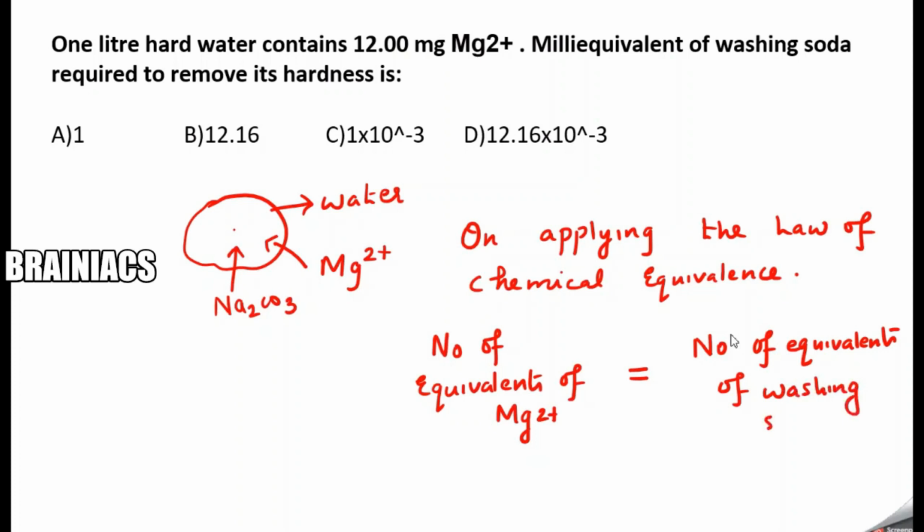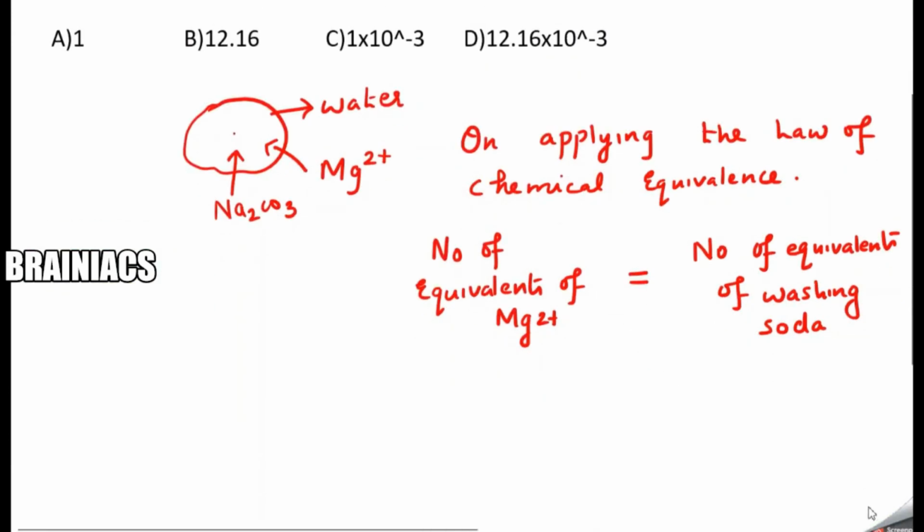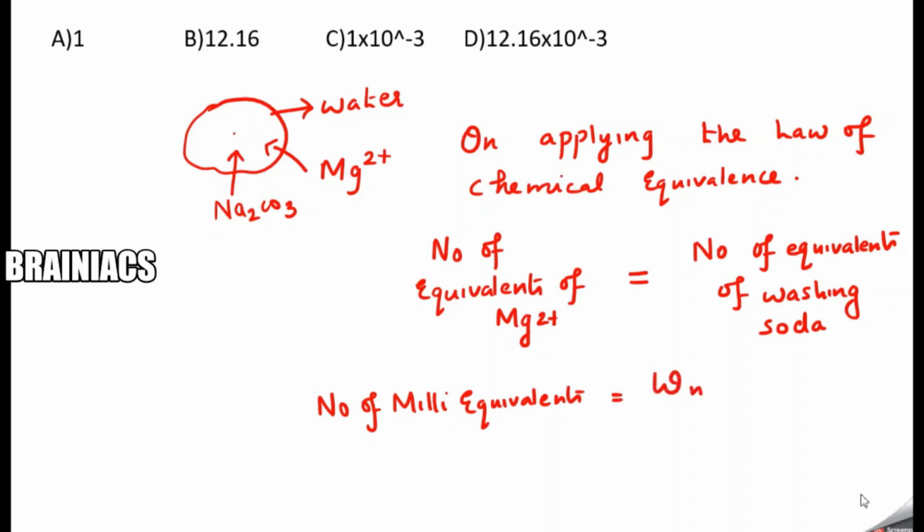But if you see the question, they are asking for milli equivalents. Many students get doubt when they think about milli equivalents. Let's see what milli equivalence is. The number of milli equivalents is weight in milligram divided by equivalent weight, instead of weight in gram.